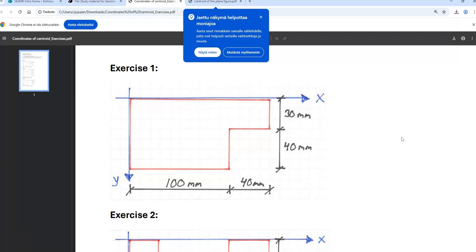And I would like you to practice at the end of today's lesson to calculate these exercises, and every exercise do it with 2 different methods. For example, in this first exercise, first divide it by, for example, a horizontal line into 2 subregions.